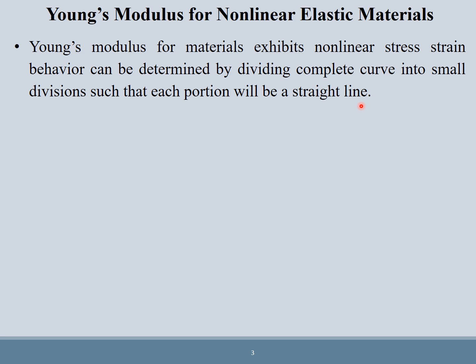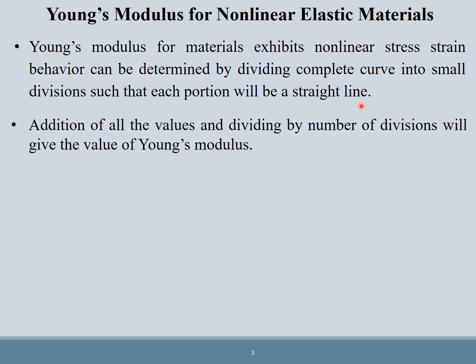So if you want to calculate the Young's modulus, as we know Young's modulus is the slope of a straight line, we divide our complete stress strain curve into small elements such that each element is almost linear. Then we add all of them and divide by the number of elements, so we get the Young's modulus for that particular material. So the addition of all the values divided by the number of divisions will give the value of Young's modulus. Okay.